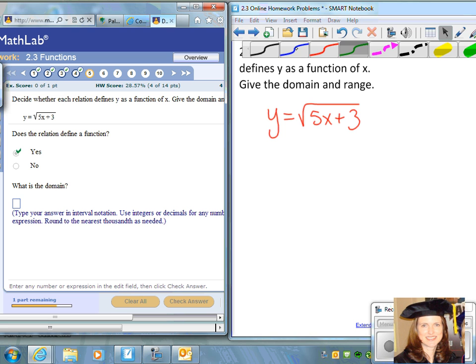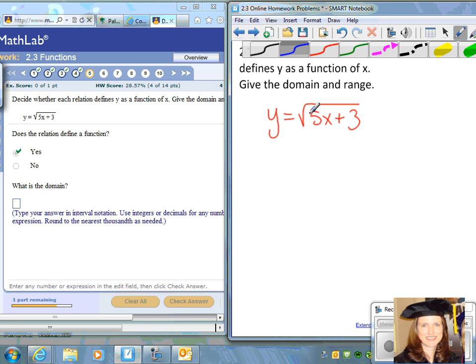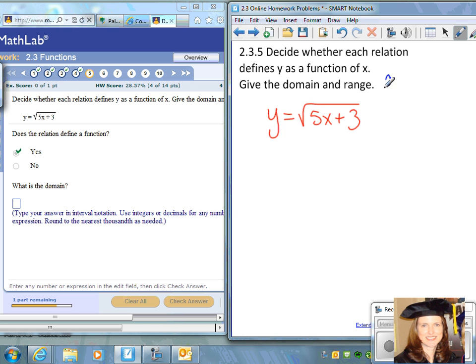And then to determine the domain. The domain here is found by figuring out what possible x values you can plug into the function. When you're taking the square root, you cannot take the square root of a negative number.